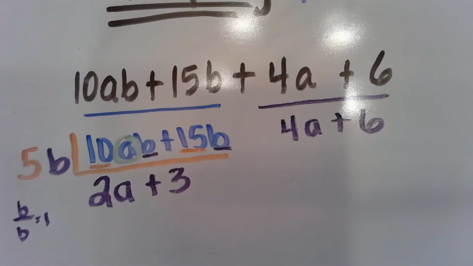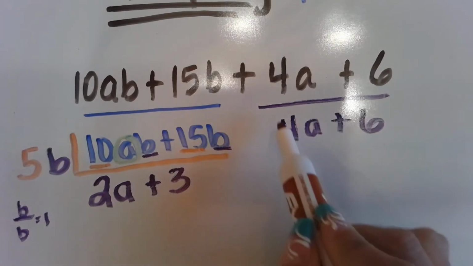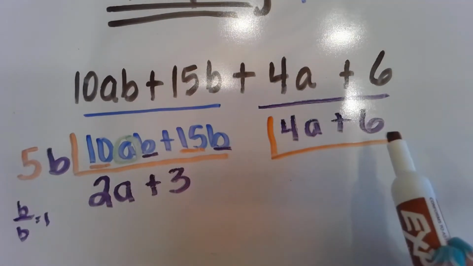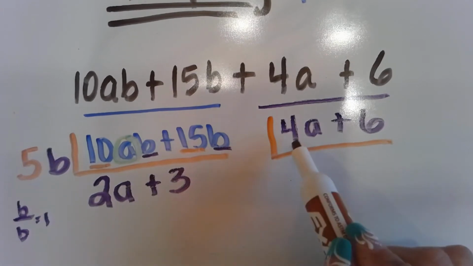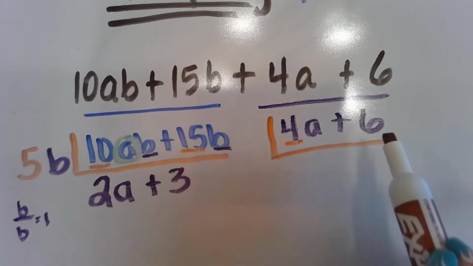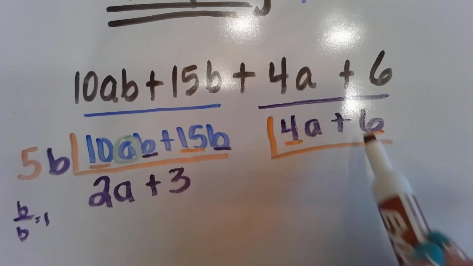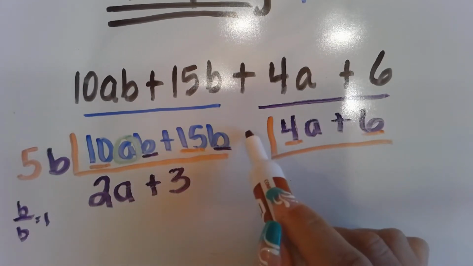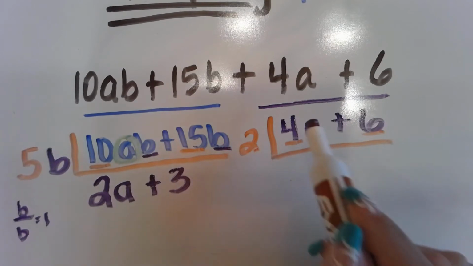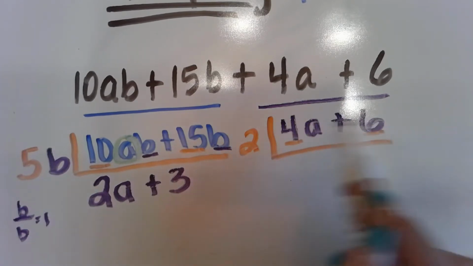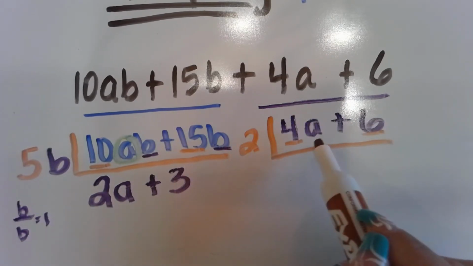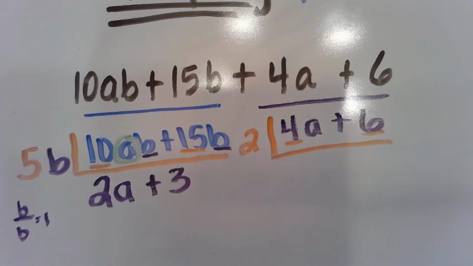Let's look at our second group and draw our ladder. Is there a number that can divide evenly into 4 and 6? Both of them. 2 does, because 4 divided by 2 is 2, and 6 divided by 2 is 3. And let's look at our variables.